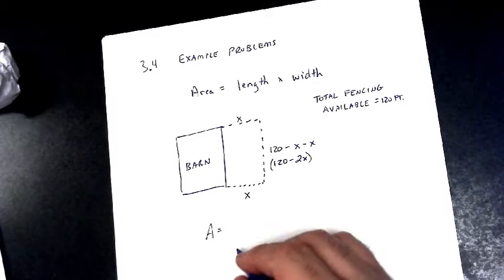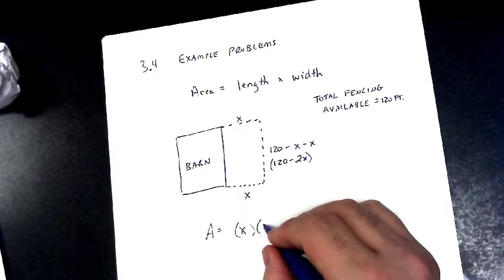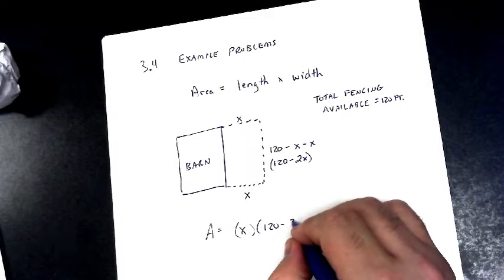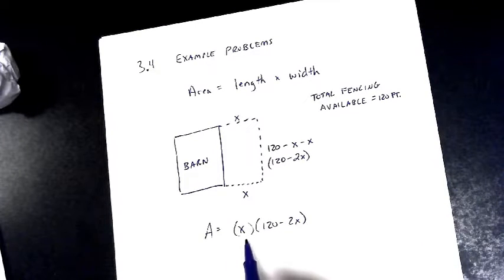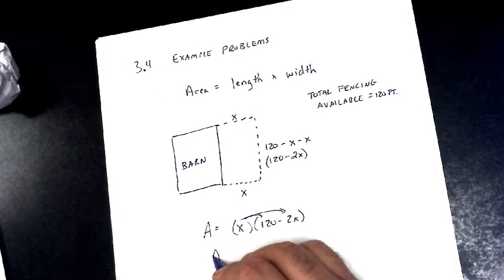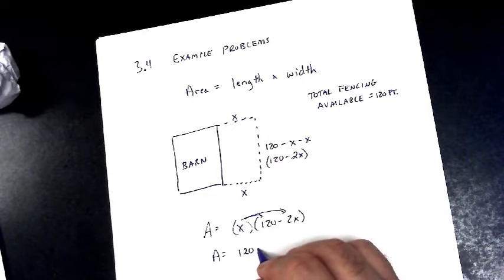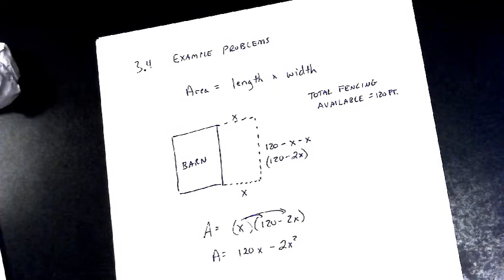It doesn't matter which side you choose as length, I'll just make x. And we're going to multiply that by the width. And so you're going to distribute. Area is going to be 120x minus 2x squared.